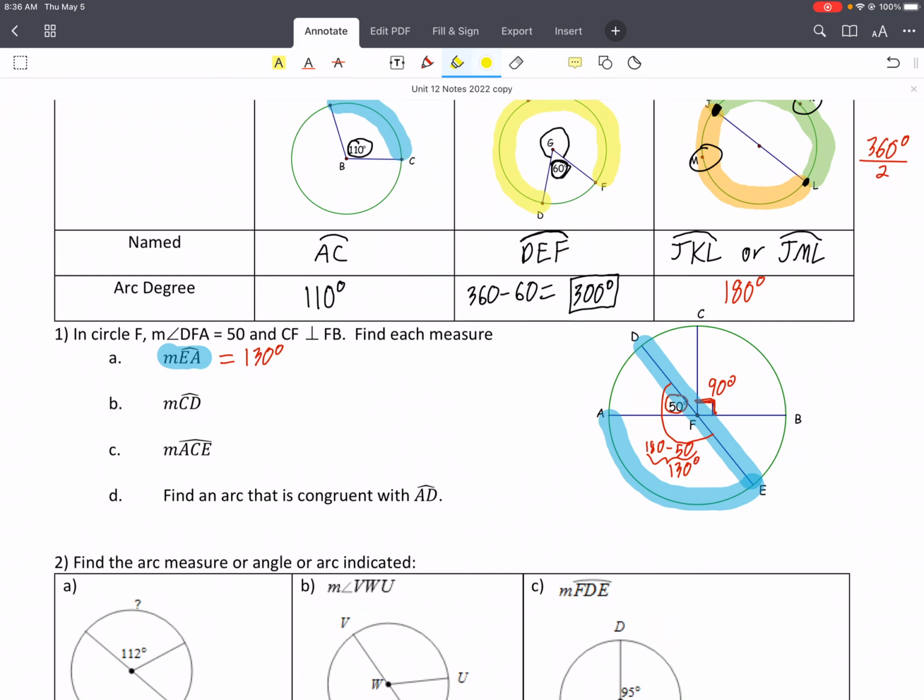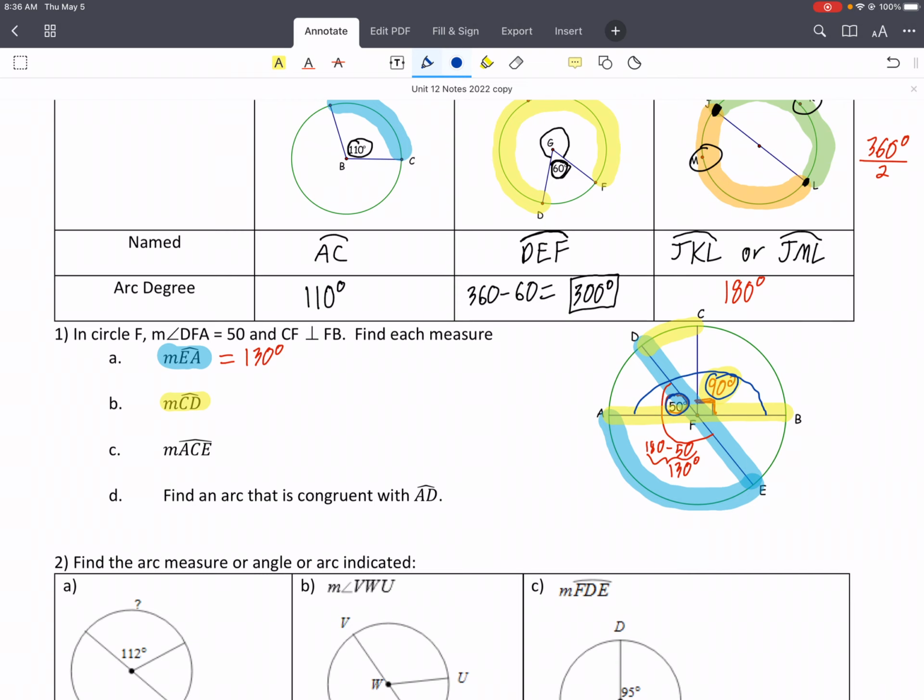Now we got the measure of arc CD. So we just got this one right here. For this one, guys, we know that we got 90 degrees right there. And this right here makes a semicircle. So this whole distance from E to B is 180. But we know that we now have 90 degrees and 50 degrees.